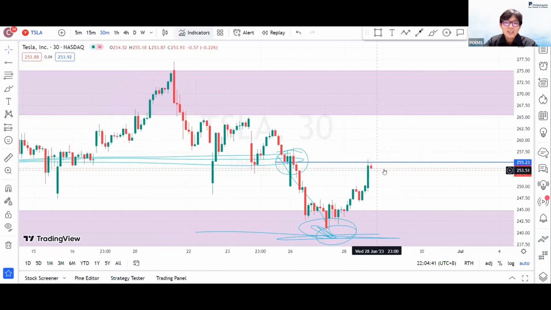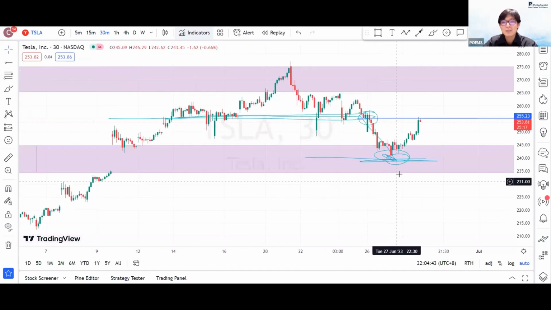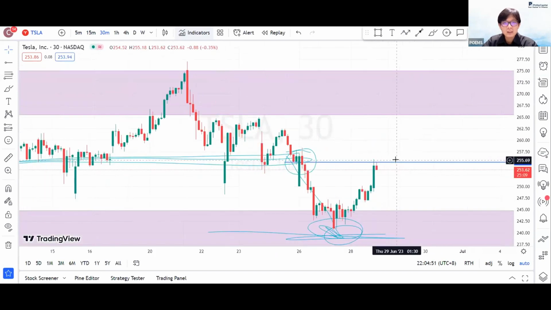You can say, I long here, put my SL below the daily low, and technically if you let time run, it will probably run as long as they hold their lower low. But looking at price action properly, at the current level there's no confirmation for a long yet. So it's going to be a waiting game again.